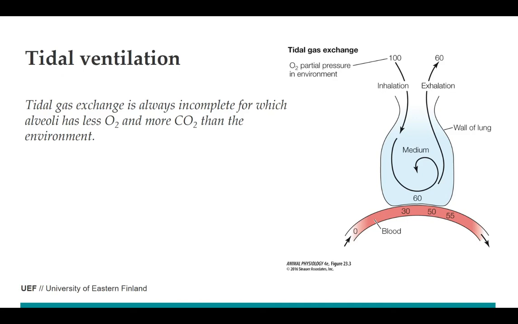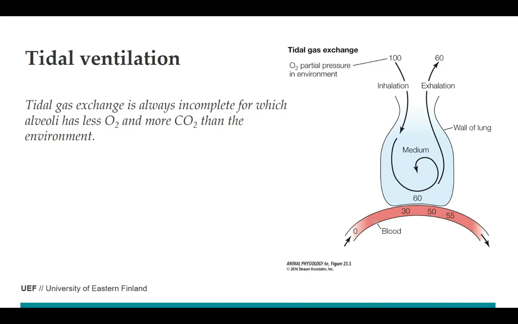So that's why, if we have oxygen in the environment, maybe 60% of that is there in the lungs, in the alveoli. So if the partial pressure of the oxygen was 0.2 in the environment, it's a little bit more than 0.1 in the lungs.